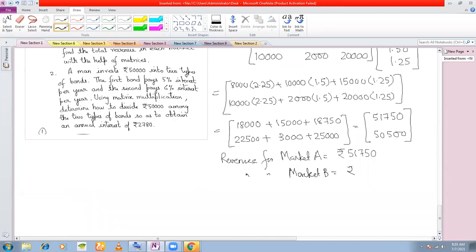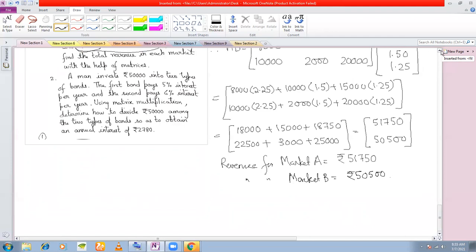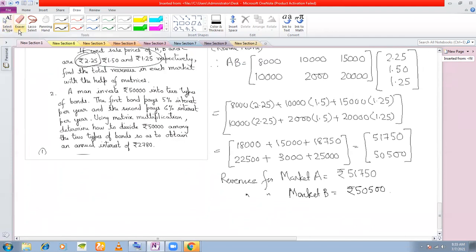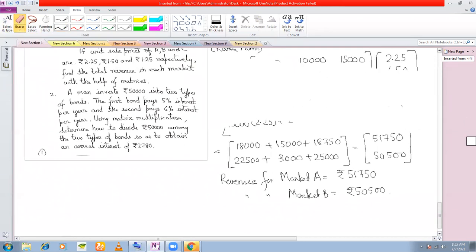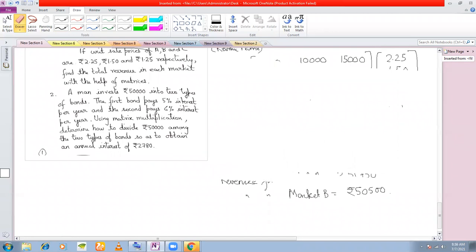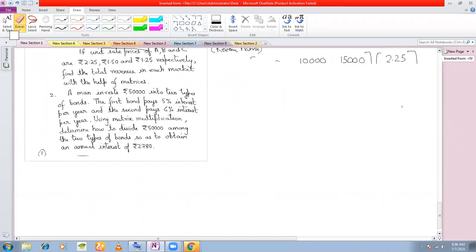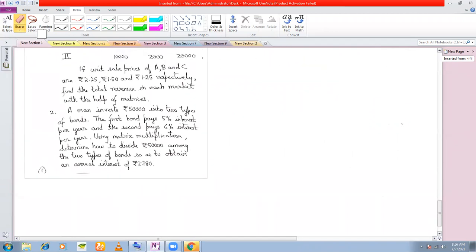It is rupees 50,500. Okay. So this was a very elementary application of matrices. In fact, we have better applications of matrices, which you will see later, maybe in your graduation. This was just a very rudimentary idea to give you that matrix is applied in this manner.